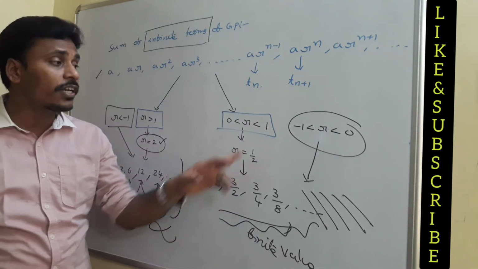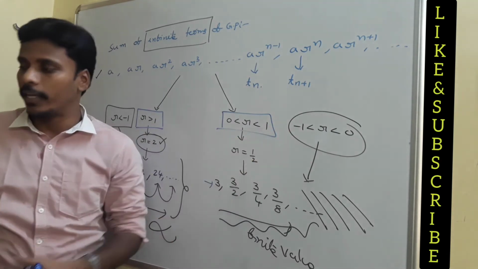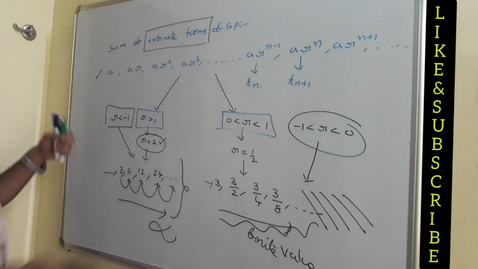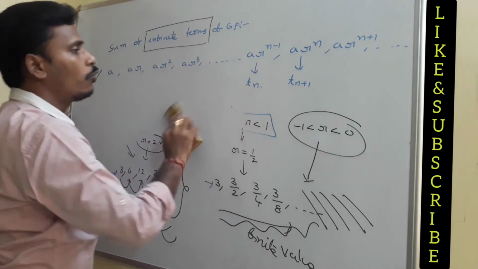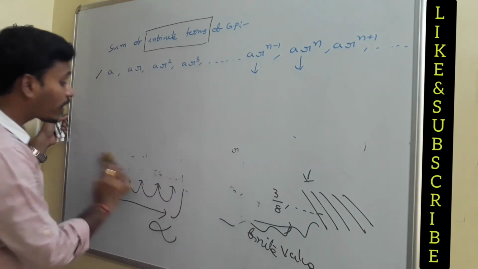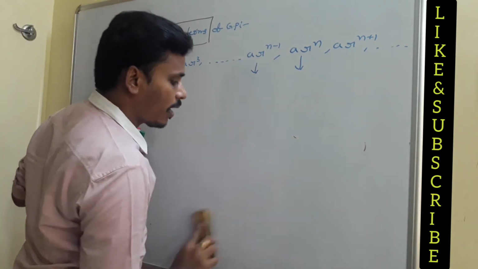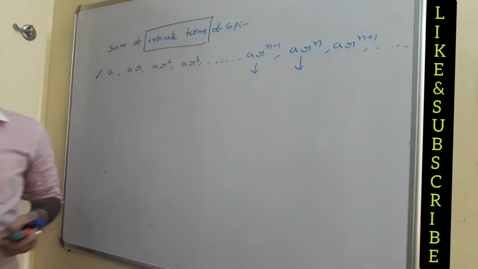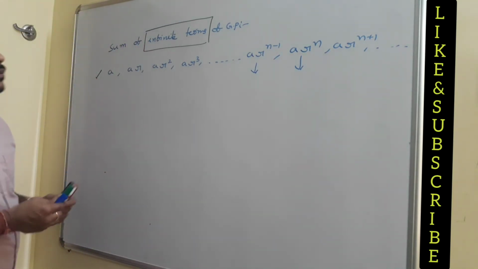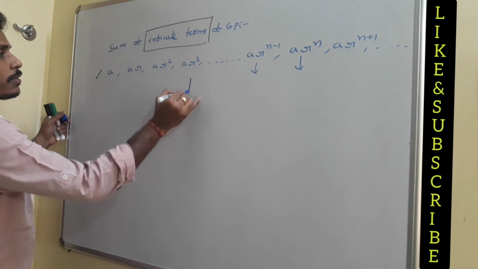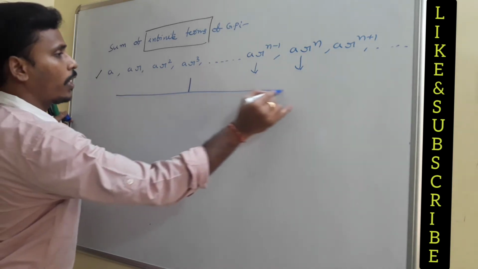What happens if it is 1? What happens if it is -1? We need to discuss different cases. If you look at the sequence I mentioned on the board, a, ar, ar square, ar cube, like that.